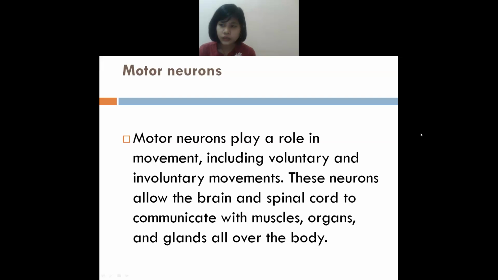Organs, for example, the heart and the female reproductive system, come under involuntary movement. And glands, such as endocrine glands, the hypothalamus, pituitary glands, pineal glands, all come under the glands. So the motor neurons help you in controlling both voluntary as well as involuntary.